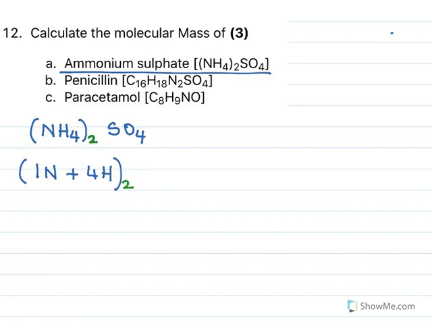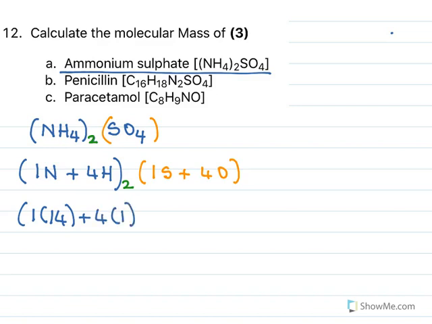And in the other part is sulfate. So here I have 1 sulfur plus 4 oxygen. So let me do nitrogen. 1 nitrogen is 14, 4 hydrogen is 1, and this whole bracket here, this is 2. Like here we have the 2 here, right?